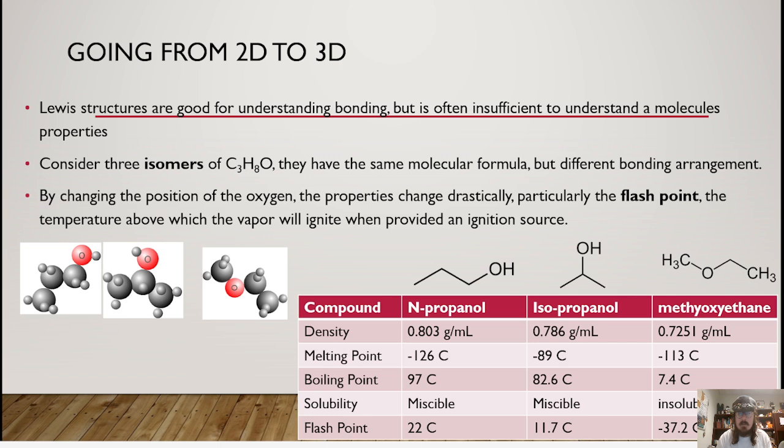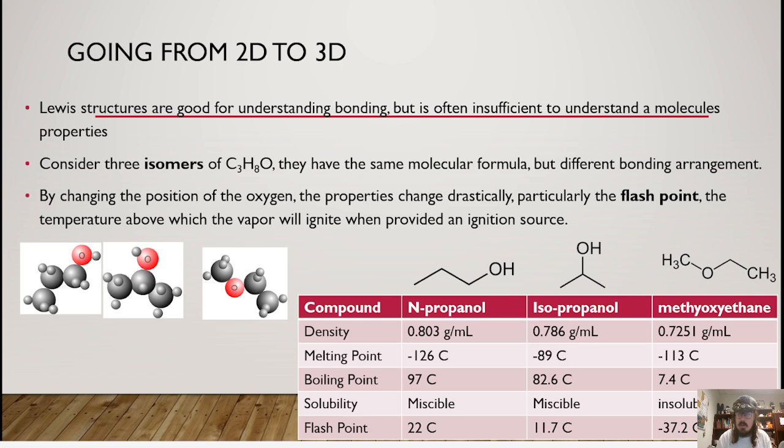Isopropanol. So I've just moved the alcohol from the 1 position to the 2 position. So 2-propanol, and the density has dropped. The melting point has gone to the highest of all three, meaning that it takes the most amount of energy to melt.